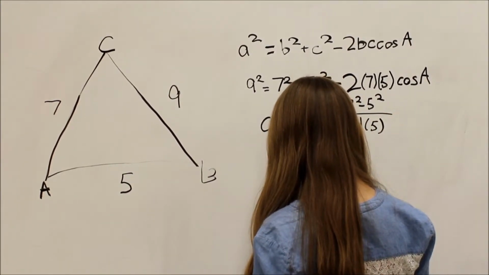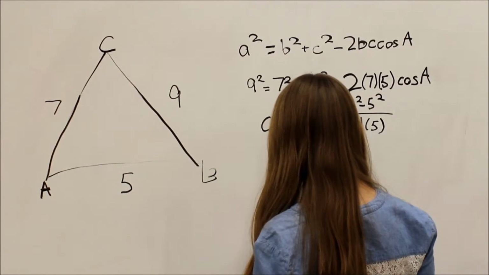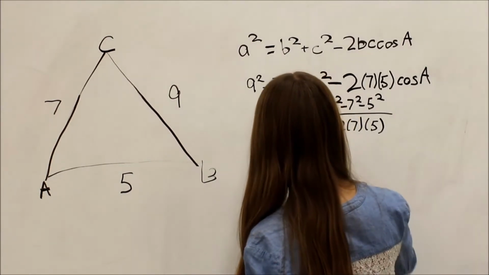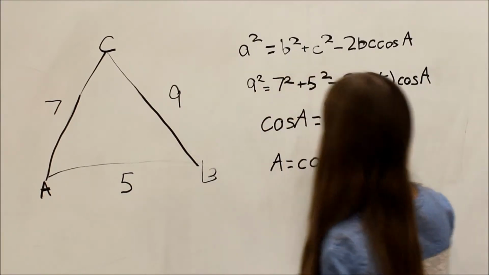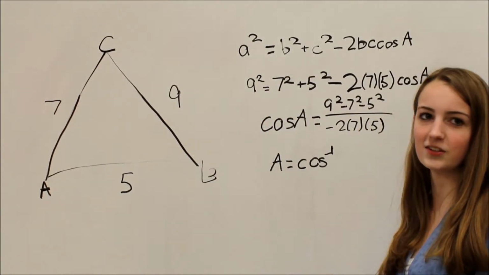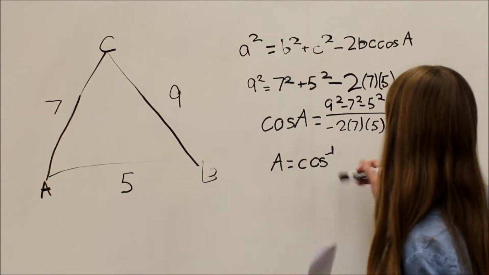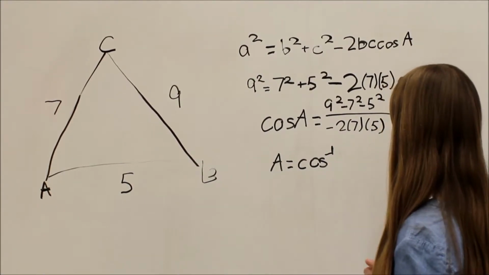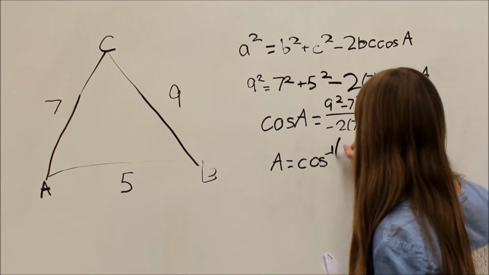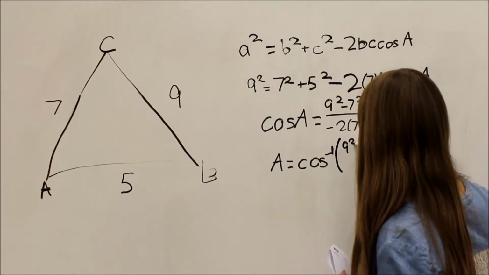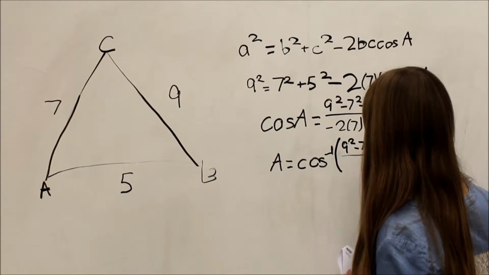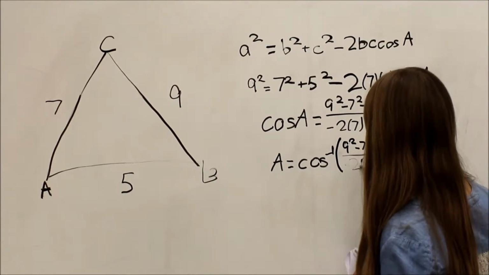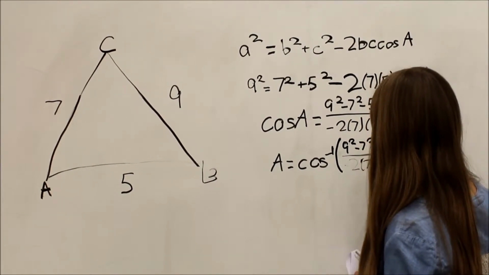And then you can put that into the calculator for the inverse cosine, or cosine negative 1, of 9 squared minus 7 squared minus 5 squared over negative 2 times 7 times 5.